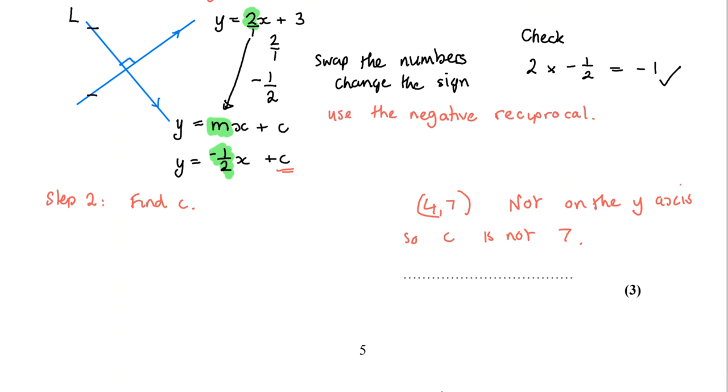Yeah, good. So we've got y equals negative 1/2 x plus c, and we know that when x equals 4, y has to equal 7. When it's 0 and 7, we don't need to do this, but this time we do. So what does that make this equation? It makes it 7 equals negative 1/2 times 4 plus something.